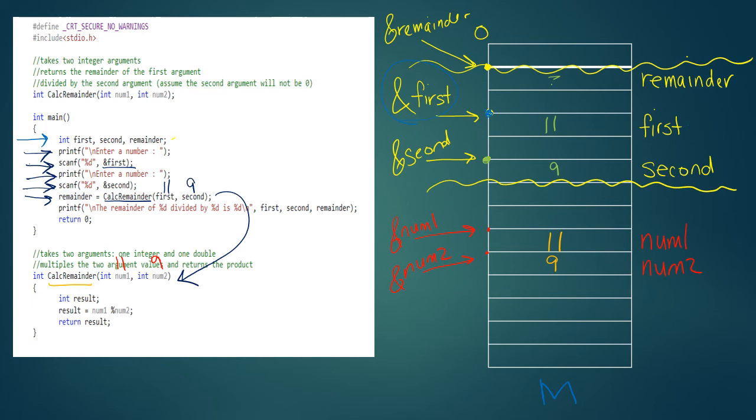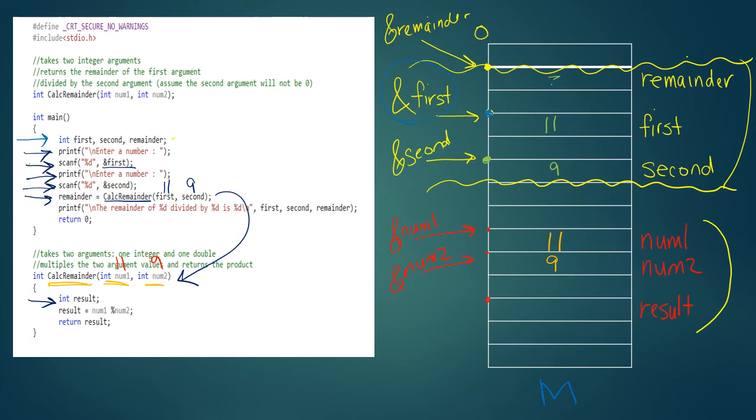All right, so now the calc remainder function has been called. The two parameters have been declared and assigned the values. The values came from the function call. And now we're going to start to execute the instructions inside of this function. The first thing we're going to do is declare a variable called result. Result is going to get declared. It's going to have a location. And just to point out, just like these are all local variables to the main function, these are all local variables to the calc remainder function.